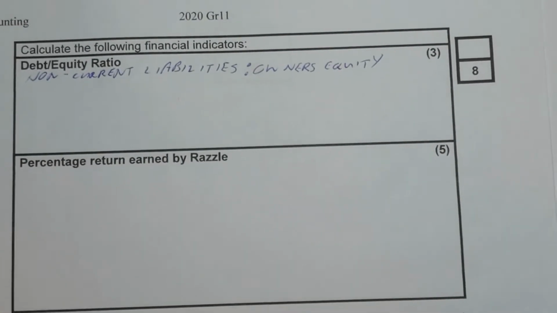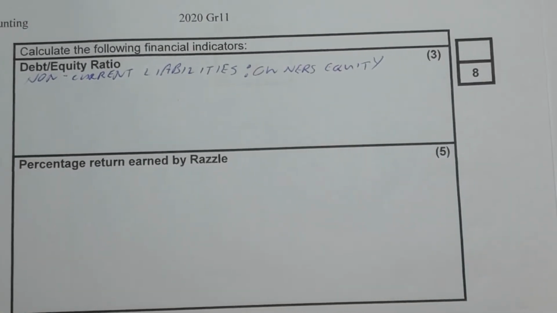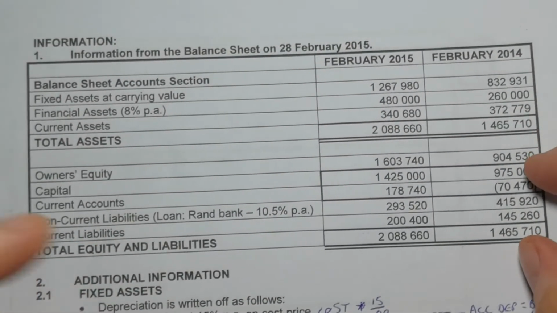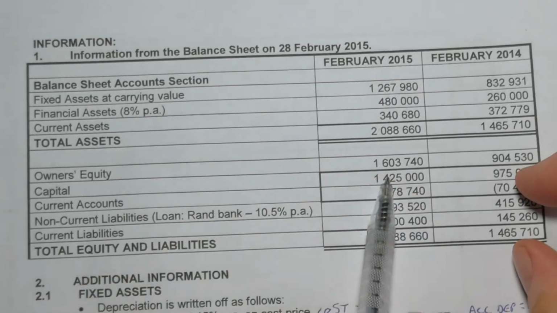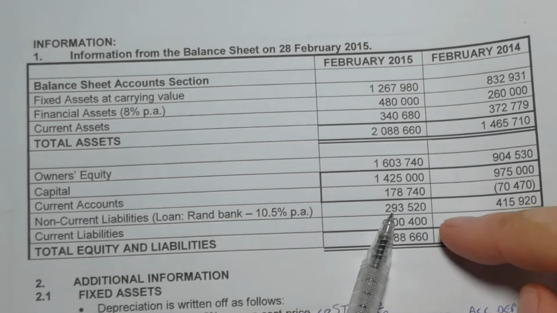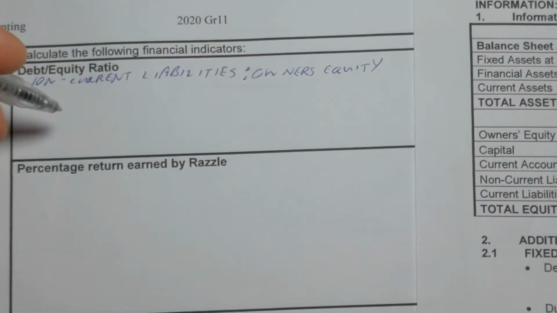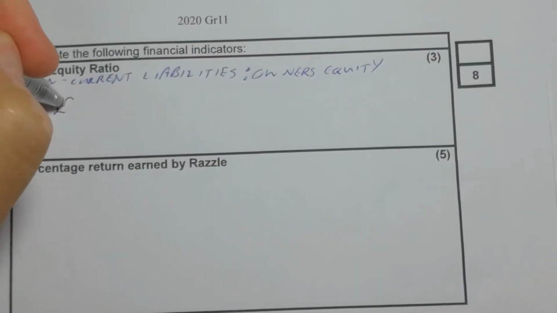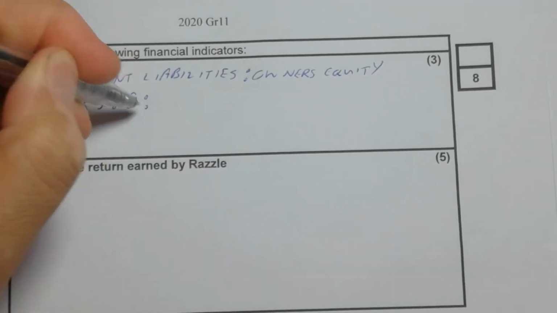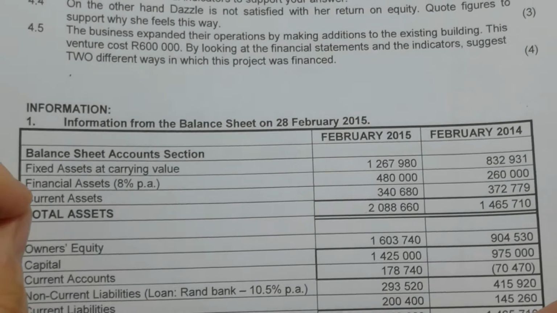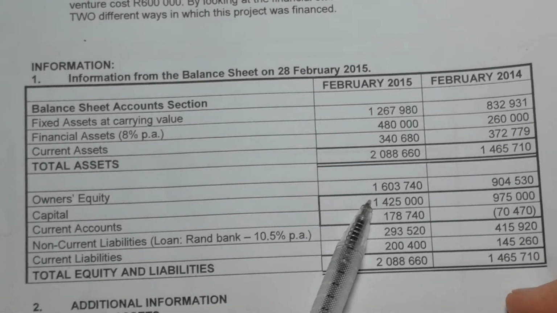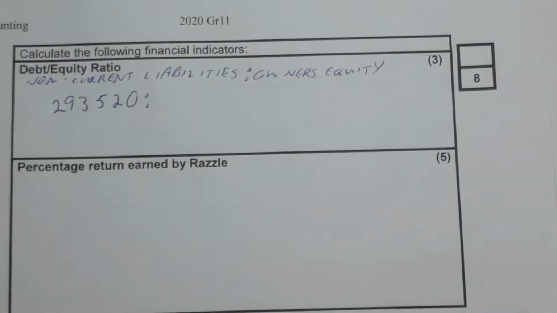Let's take a look. Our non-current liabilities, according to our information, and we're using 2015, in this case is 293,520, against the owner's equity. Owner's equity for 2015 is 1,603,740.